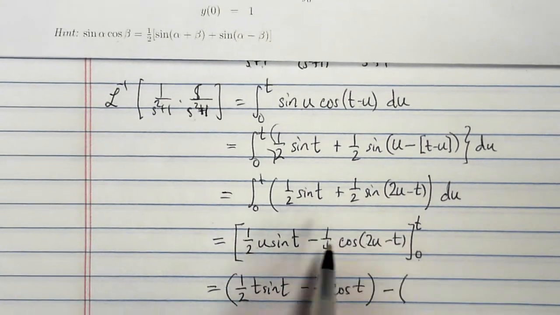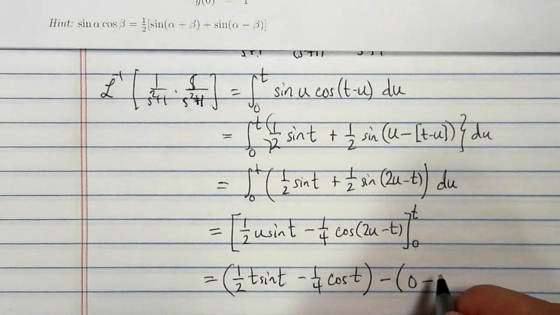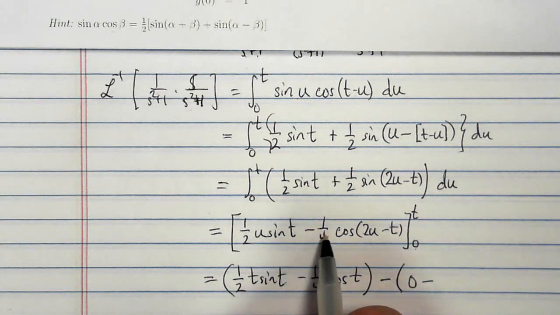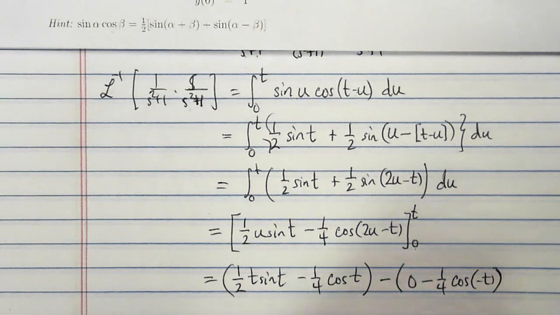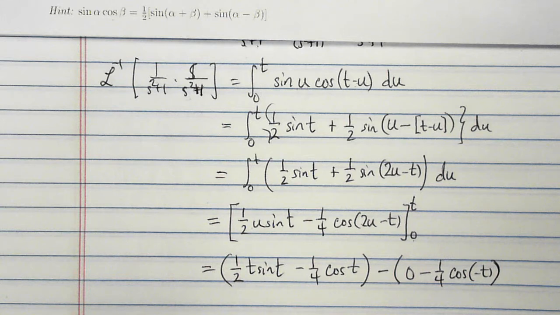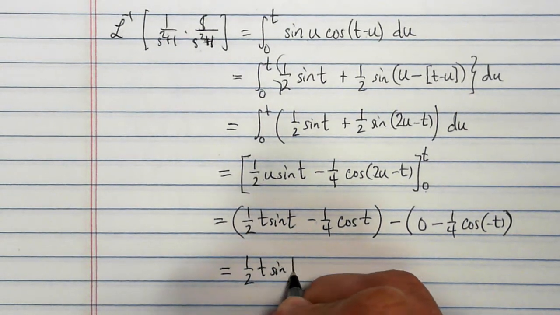If I plug in 0 for u, I get 0 there. If I plug in 0 here, I get minus 1/4 cosine of negative t. Okay, so let's see what happens here. Cosine of negative t is the same as plus cosine t. So I have two minuses. That's positive. That actually cancels perfectly this minus. And so I end up with 1/2 t sine t.